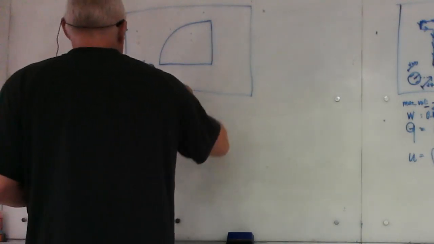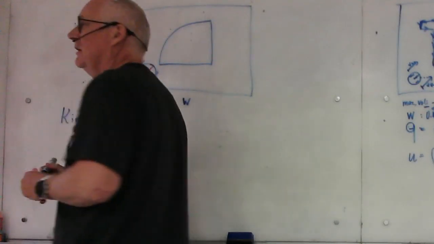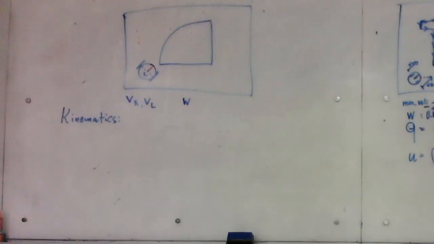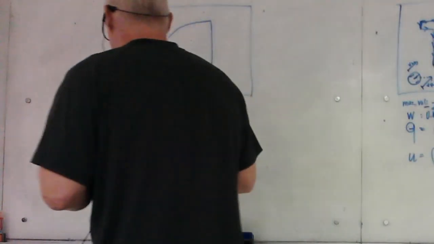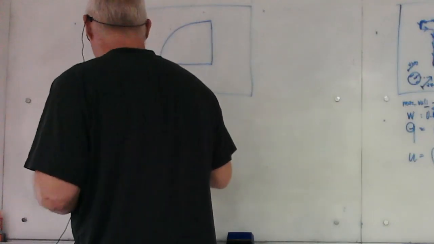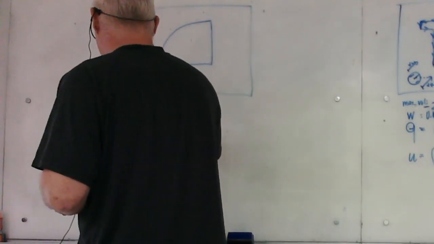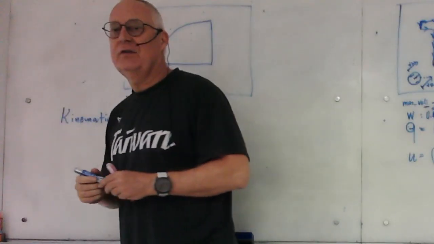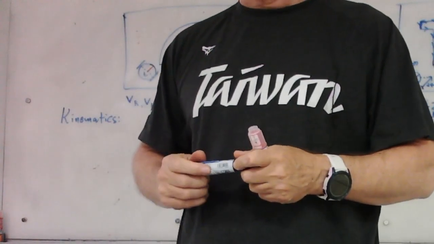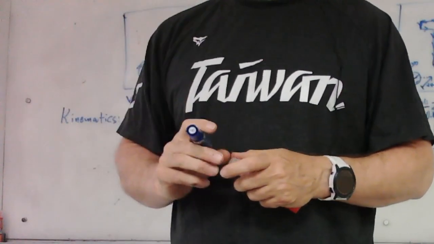The distance between the two wheels is W. Now you can think about different modes of movement. If the right wheel and the left wheel velocity is the same, say both 0.5 meters per second, then the robot is going to drive in a straight line.